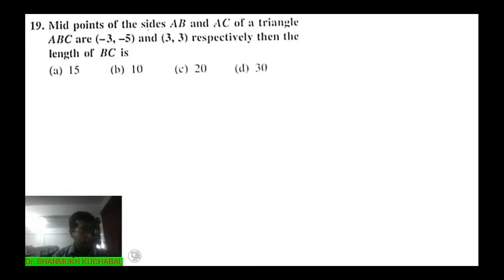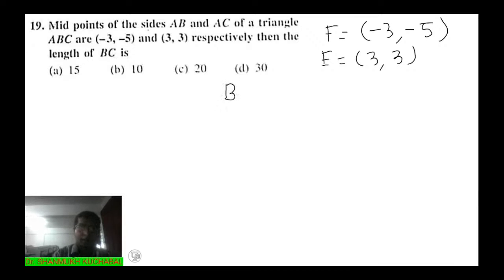Then the length of BC is, so here it is given that the coordinate of F is minus 3 comma minus 5, and of E is 3 comma 3, and clearly we observe that the length of BC is 2 times EF, because E is a midpoint.